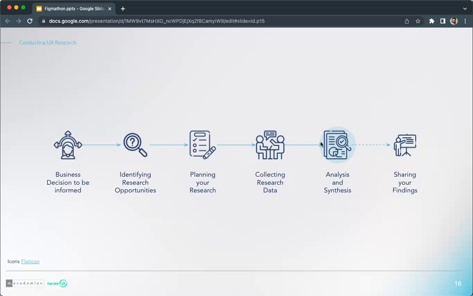And through that process of analysis and synthesis, we then generate insights and build artifacts. The goal at this stage is to make sense of the data and generate insights. And you have to go back to the research questions to guide your coding and your analysis and synthesis approach.